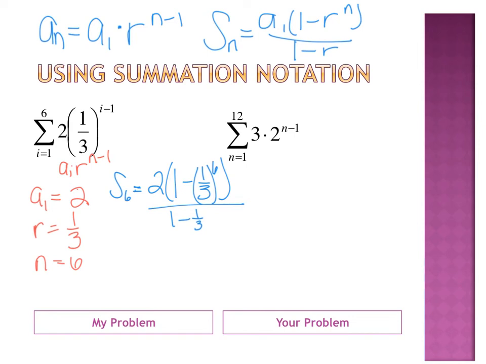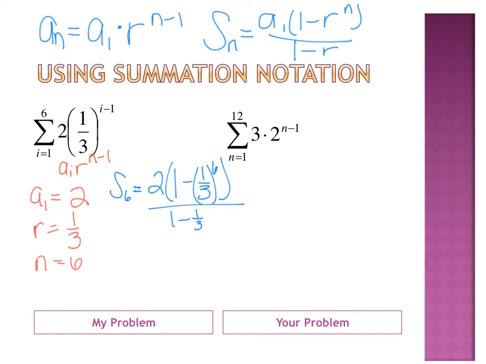Where are your exponents? Oh, there it is. To the 6th. Okay, and I should get 1/729 on both of them, right? Sorry. Okay. So we get that.